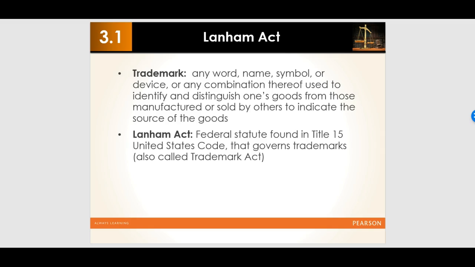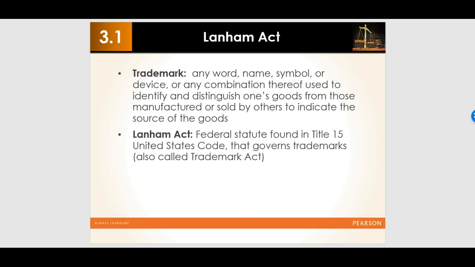So what just comes to my mind now is the golden arches from McDonald's, or Coke, or Starbucks, or Tim Hortons, or BCIT, even Pearson here. Pearson is a registered trademark.